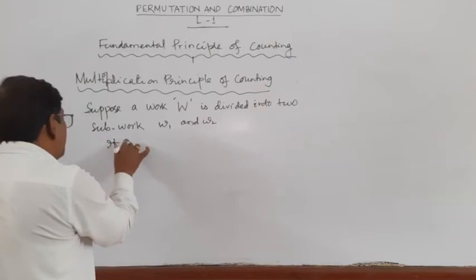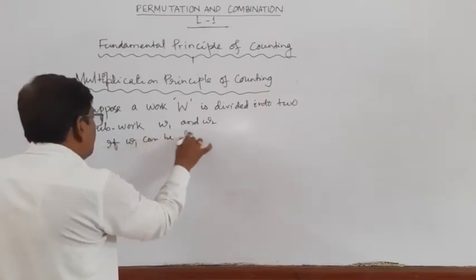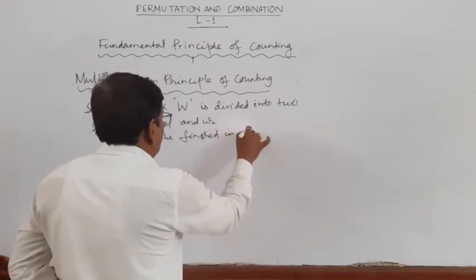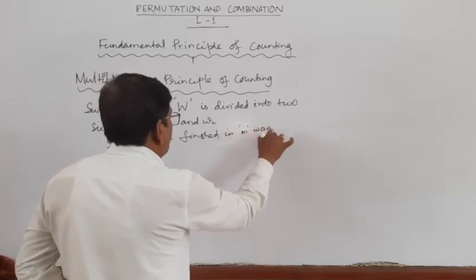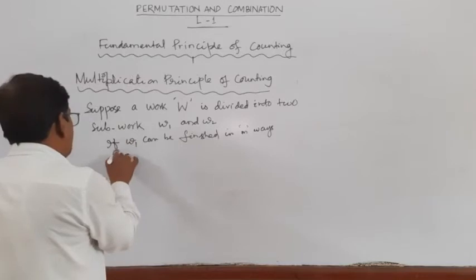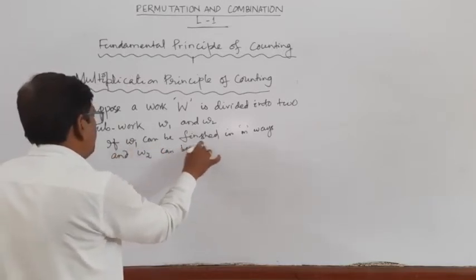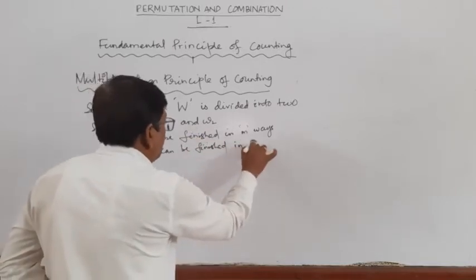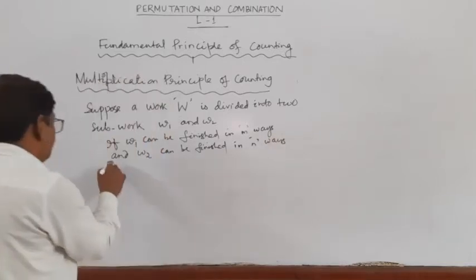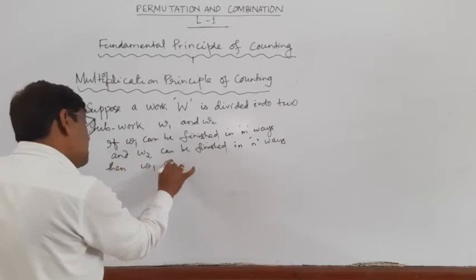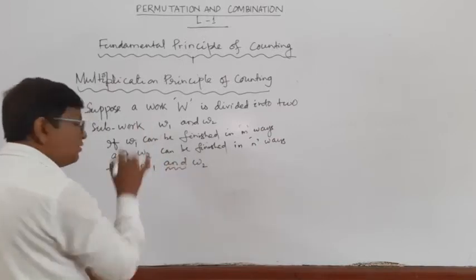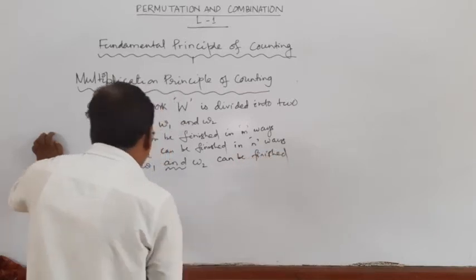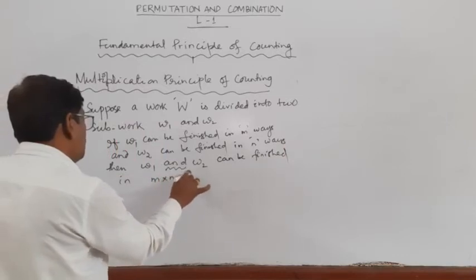If W1 can be finished in m ways and W2 can be finished in n ways, then W1 and W2, where the conjunction is and, can be finished in m into n ways.